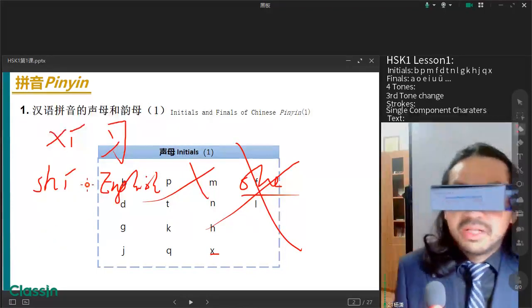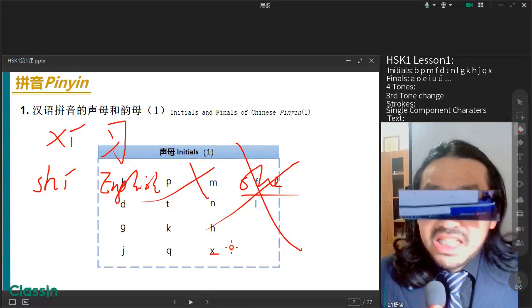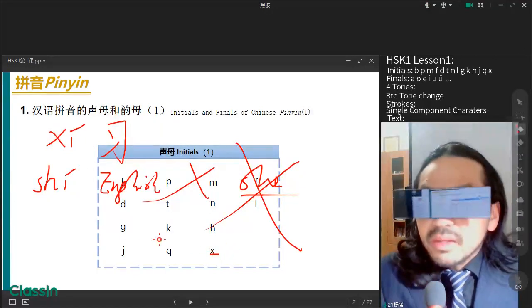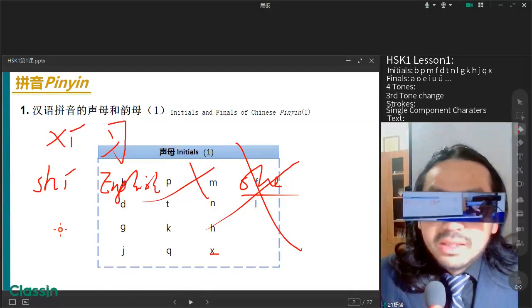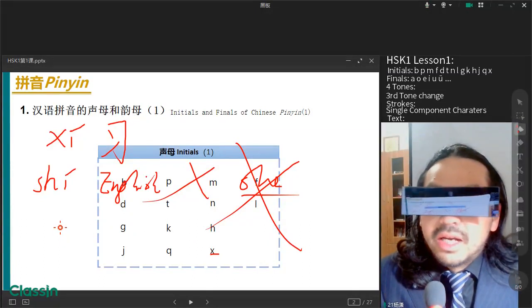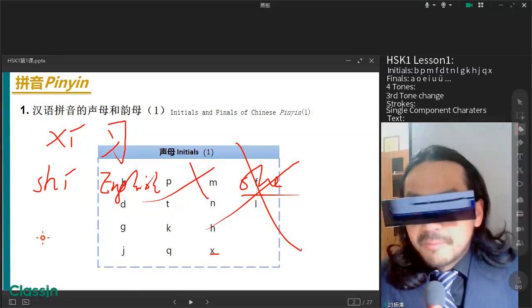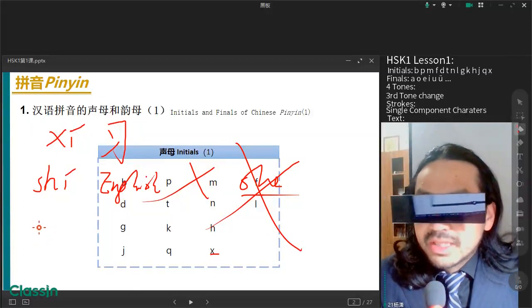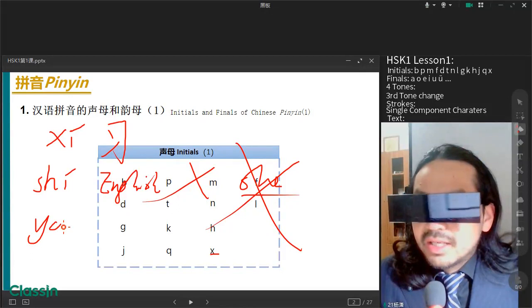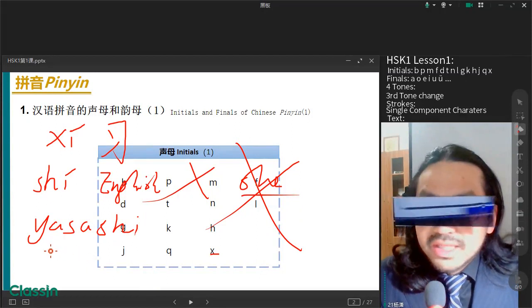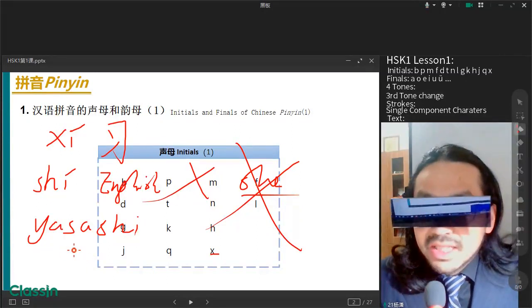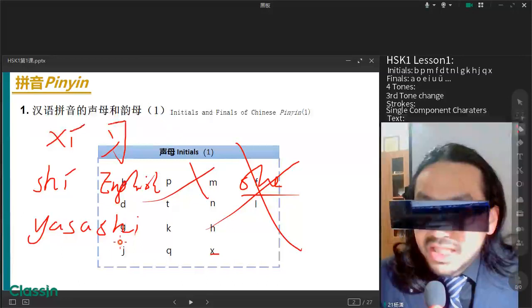So how do you pronounce this Chinese xi, x? Maybe some of you might understand from Japanese. When Japanese people say ya sa, they do not say ya sa shi, they say ya sa shi.